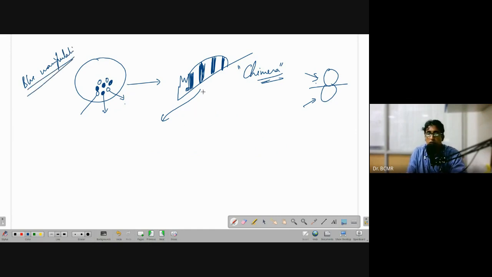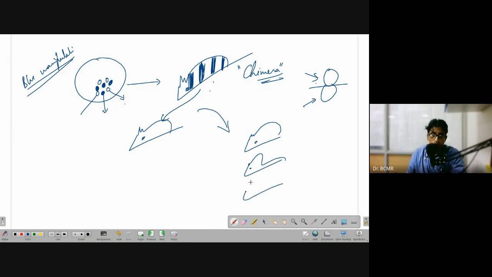We will allow this female mouse to mate with a white one and then see the pups. There are only two possibilities: the pup is either completely white or completely blue.